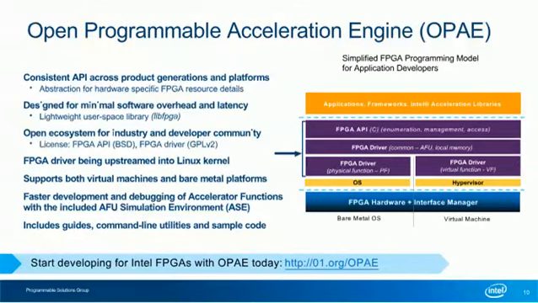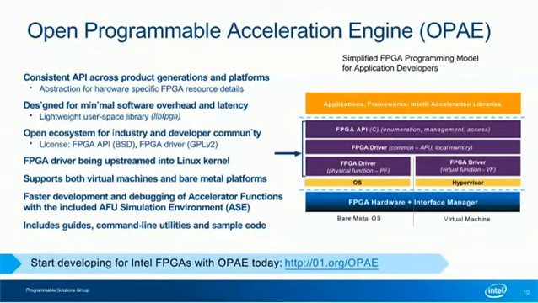The software interface to the FPGA driver is the Open Programmable Acceleration Engine, or OPAE. It is a collection of software components and APIs that simplify and streamline integration of programmable FPGA accelerators into software applications and environments. It consists of a set of drivers, user space libraries, and tools to discover, enumerate, query, access, manipulate, and reconfigure programmable accelerators.